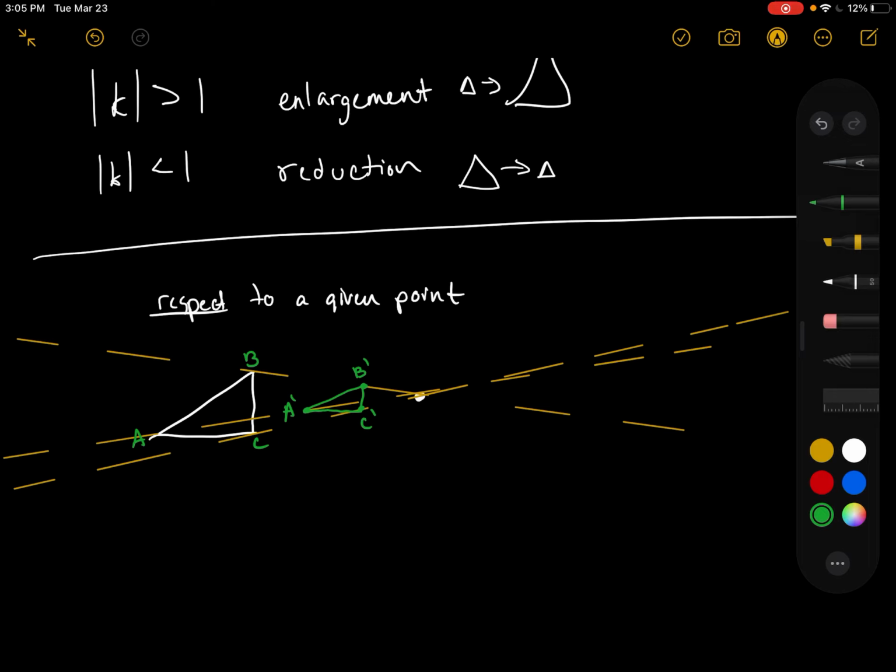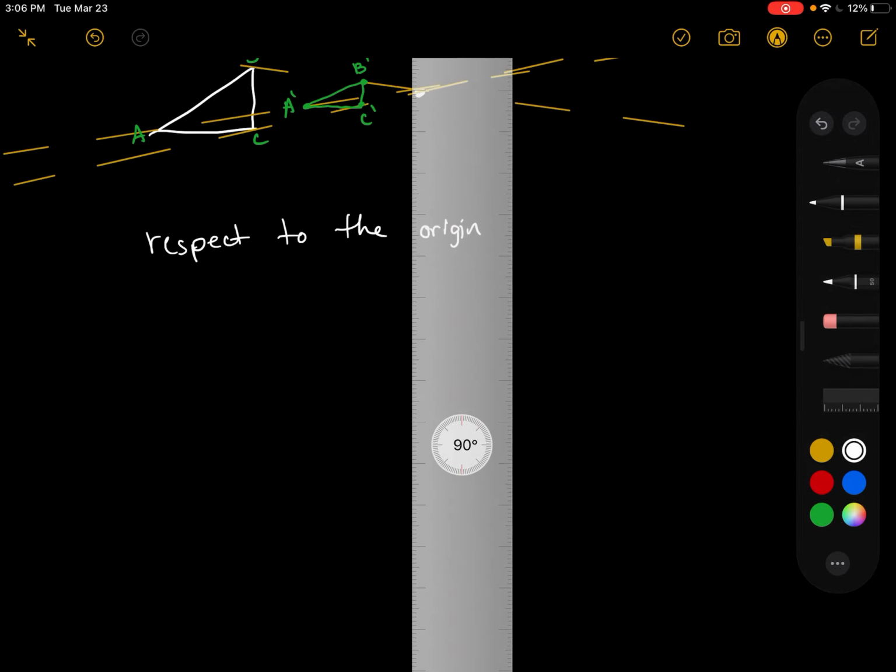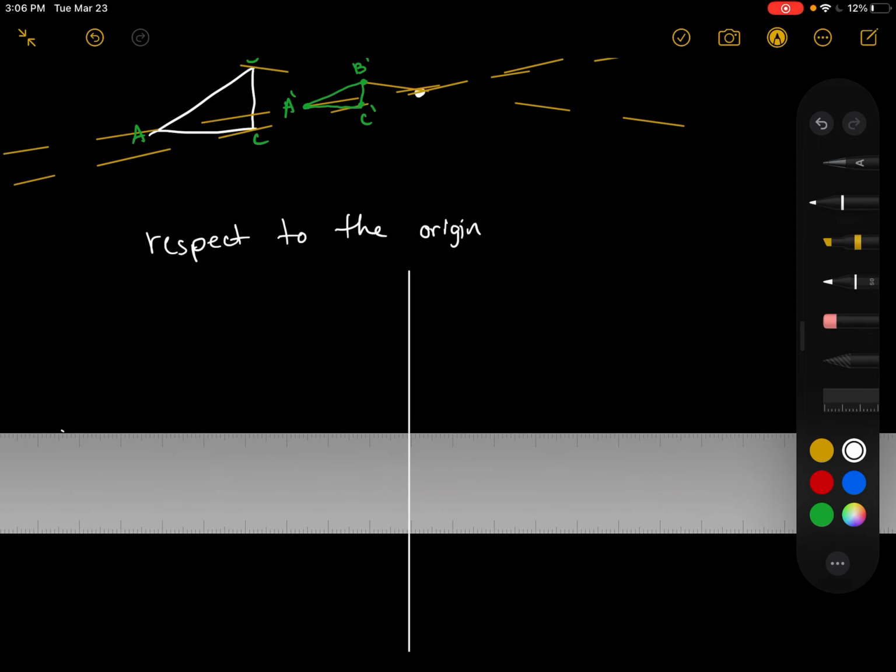Now when we do this on the coordinate plane, we do this with respect to the origin. So instead of it just being a given point in space, now we do it, again, with respect to the origin.